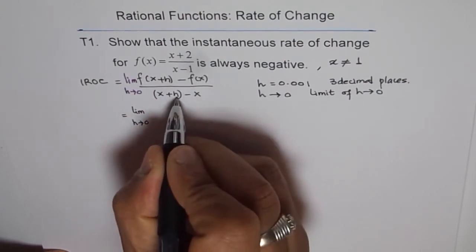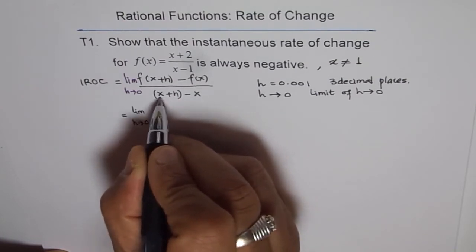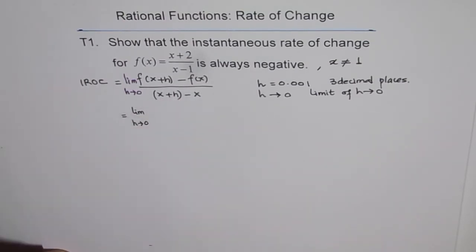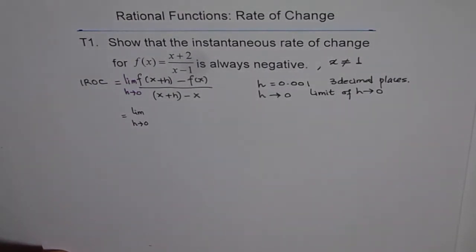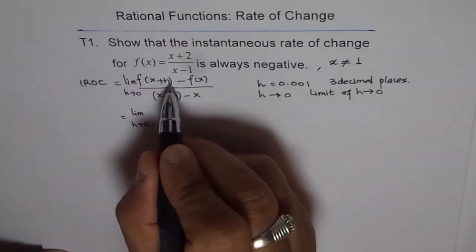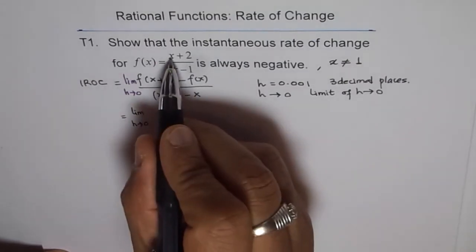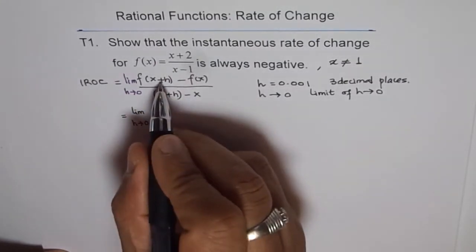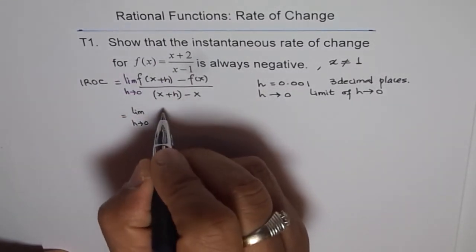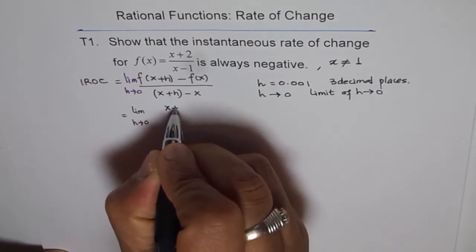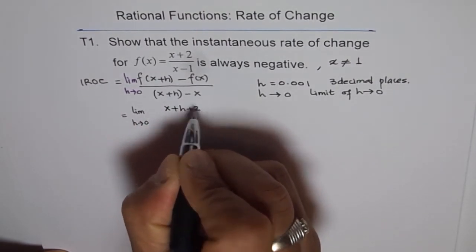That means this point is very close to x. Whenever we find slopes, we need 2 points, right? They may be far or close. For instantaneous, they have to be very, very close. So f of x plus h is x plus h plus 2. I'm writing f of x plus h first, which is x plus h plus 2, right?